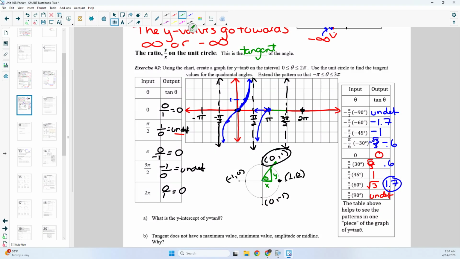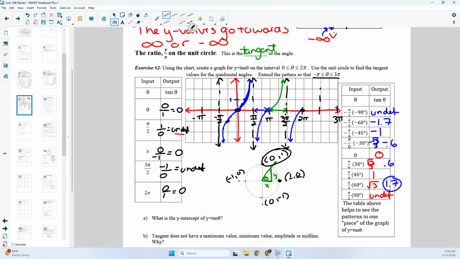Between pi and 3 pi over 2, that angle would be in quadrant 3, where tangent is positive. So I can also decide which infinity I go towards, depending on what the quadrant is. And this, now that we see the pattern, right, this is going to go down. We are continuing this graph out to negative pi and 3 pi.